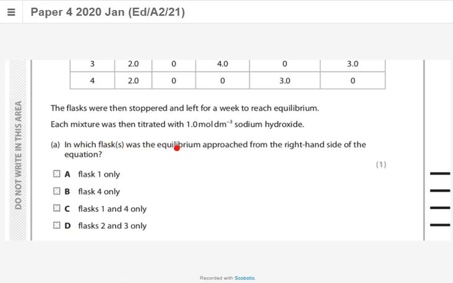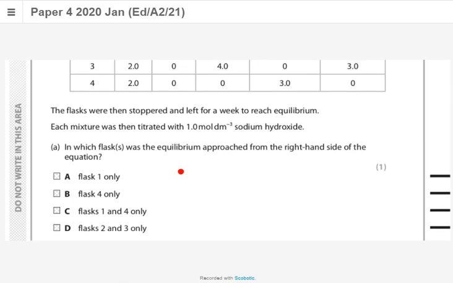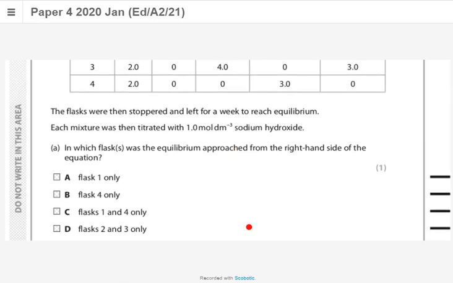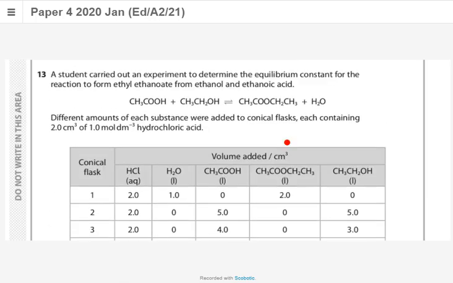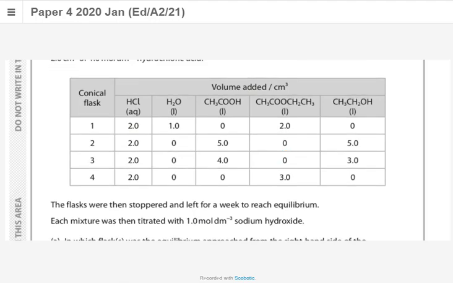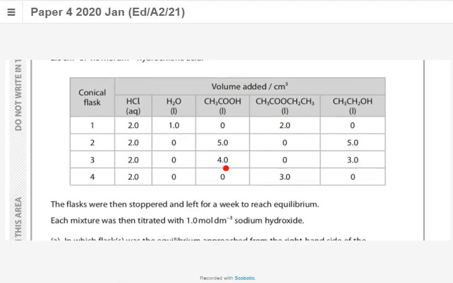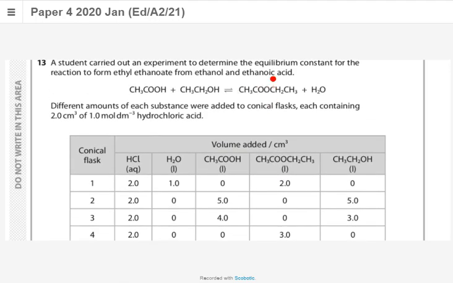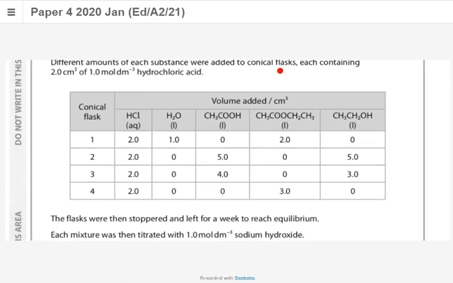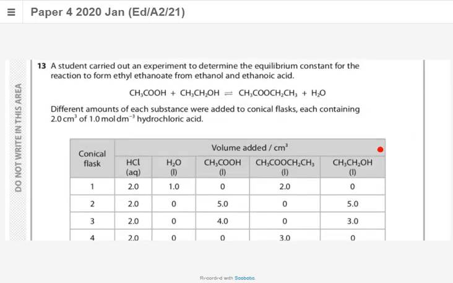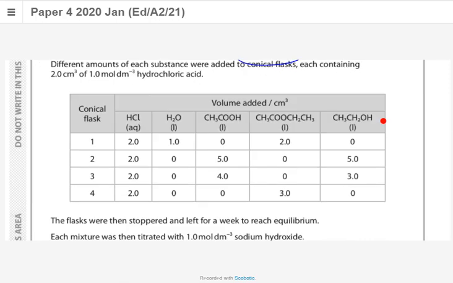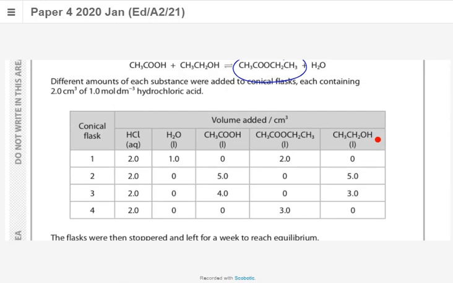In which flask was the equilibrium approached from the right-hand side of the equation? Equilibrium approached from the right side of the equation. Right-hand side, that means this side. That means we need to have more of the ester.